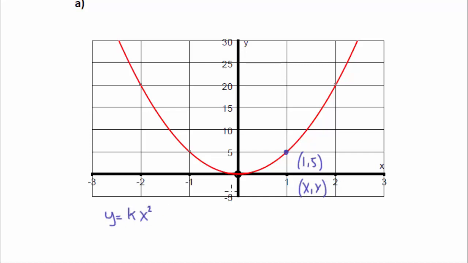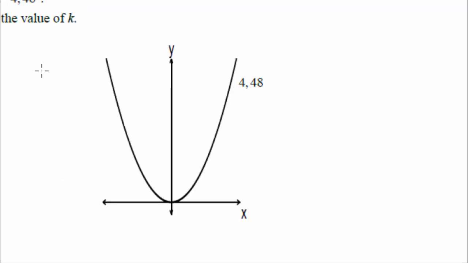For this point on the graph, y is 5, x is 1, so it's k times 1 squared, and that is 5 equals k. So k is 5, and we can put it back in the equation: y equals 5x squared. Essentially you're just working out k. They give you x and y, and it's a lot easier than it looks.